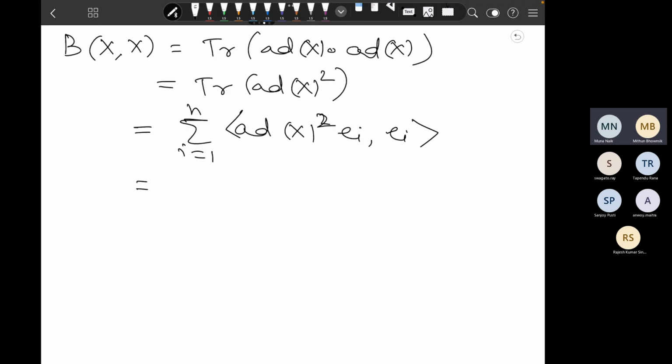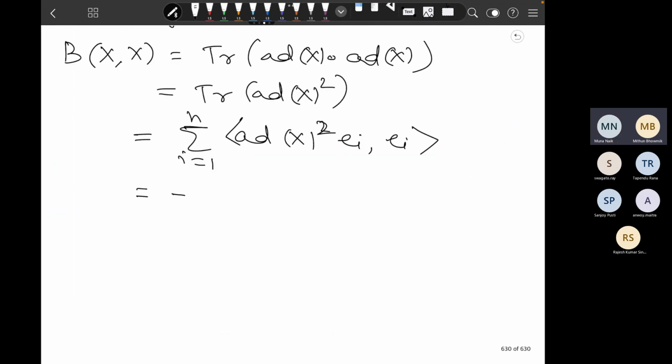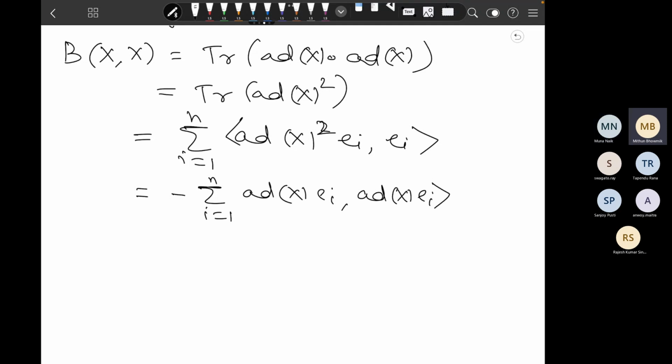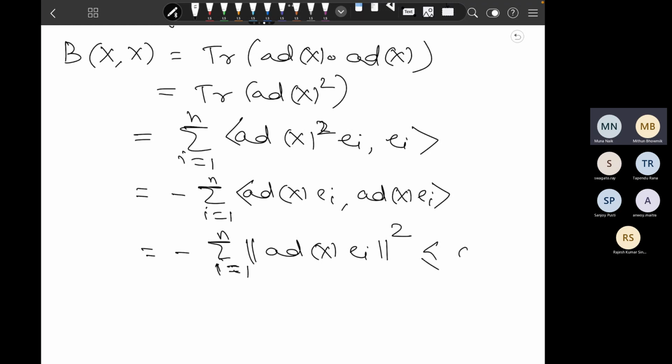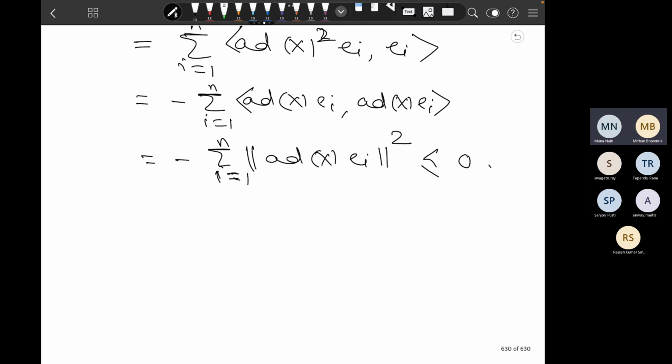Now I will apply this star here. There will be a minus sign: minus the summation over i equal to 1 to n of the norm squared of R_x e_i, right? And this is always less than or equal to 0. So here I am using this star.